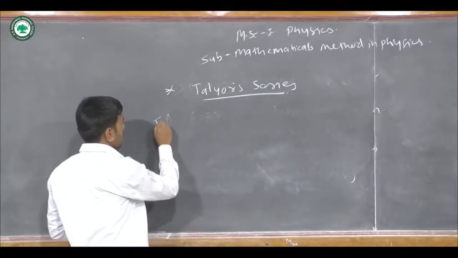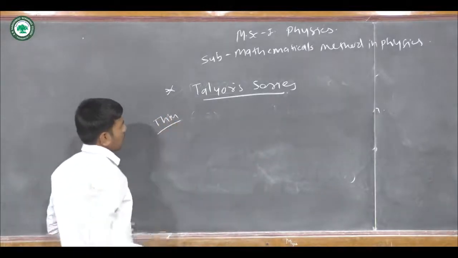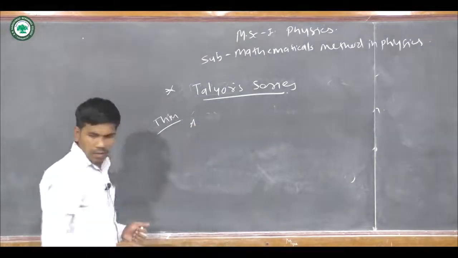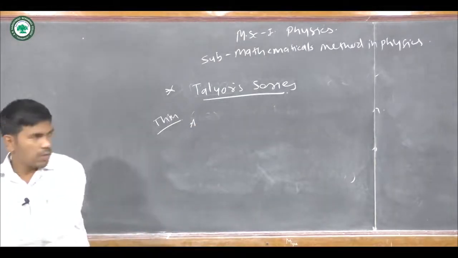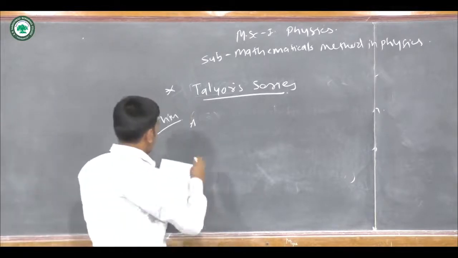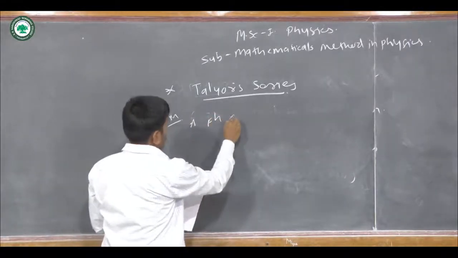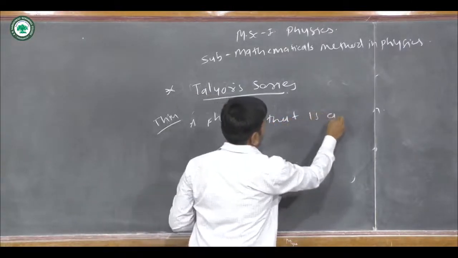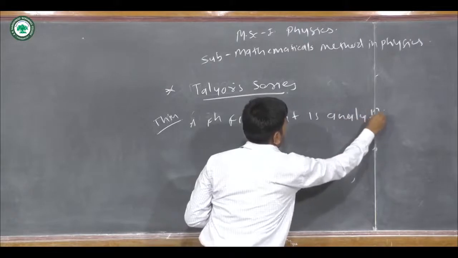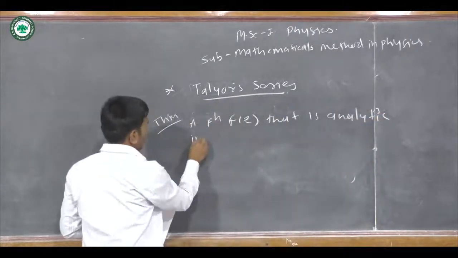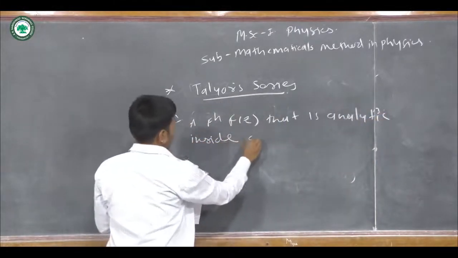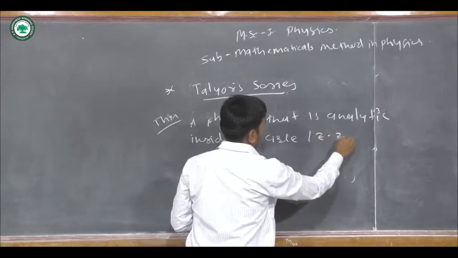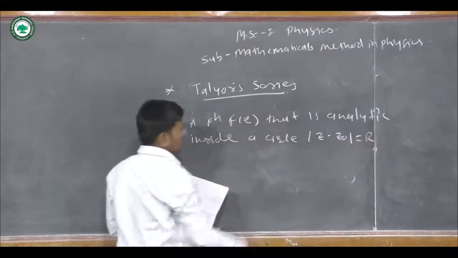Okay, now the theorem. So first we are going to prove this. See the definition of the function: f of z, that is analytic inside a circle |z minus z naught| equal to R. This is the region we consider.